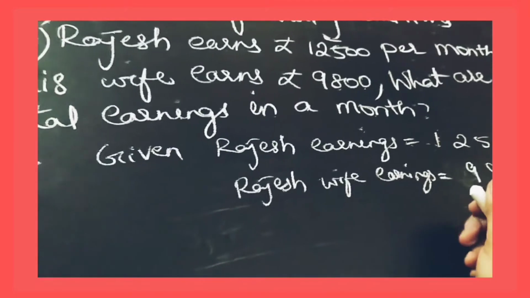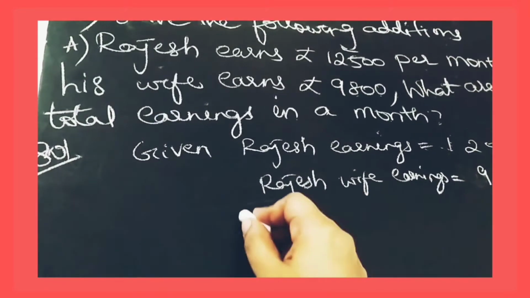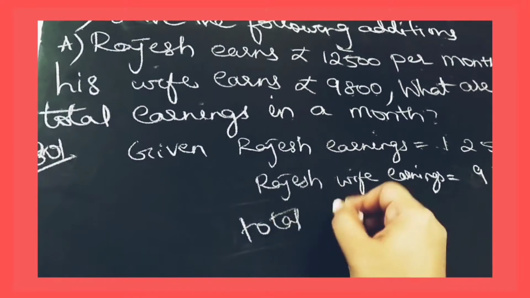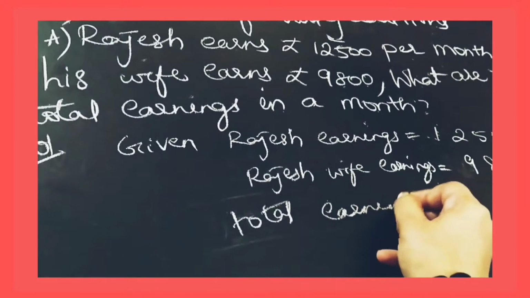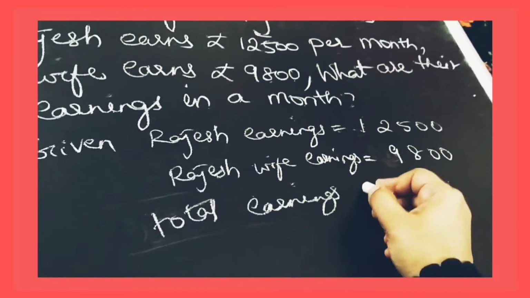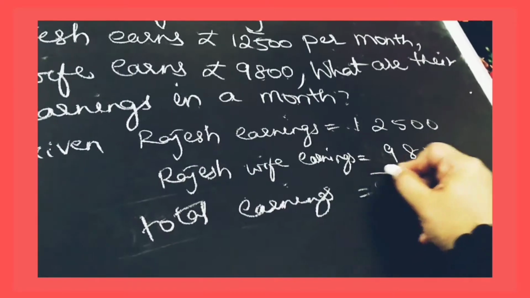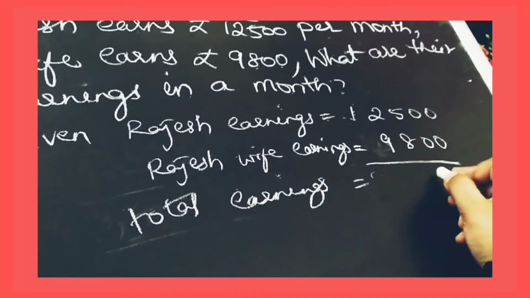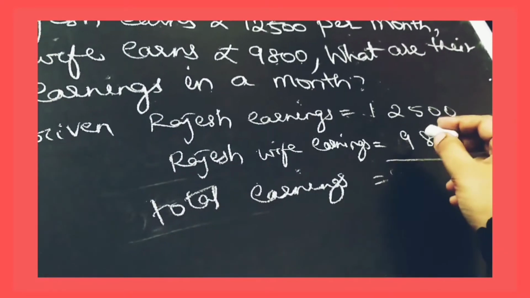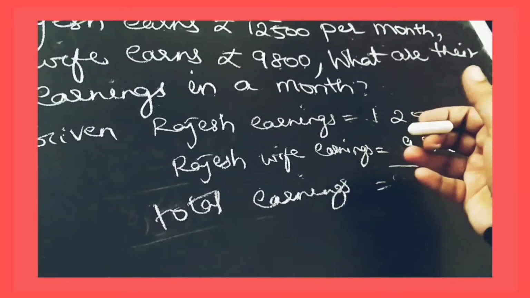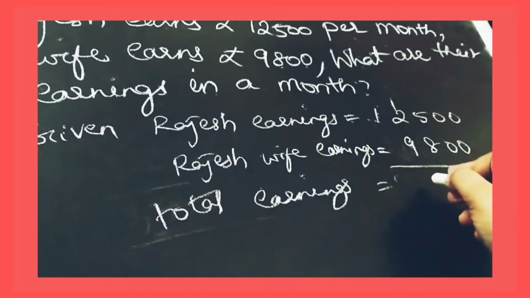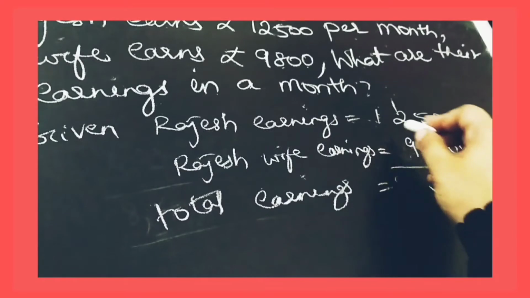Okay, so what are the total earnings? Total earnings is equal to, you have to do addition again. 0 plus 0 is again 0, 8, 9, 10, 11, 12, 13. It is 13, 9, 10, 11, 12.